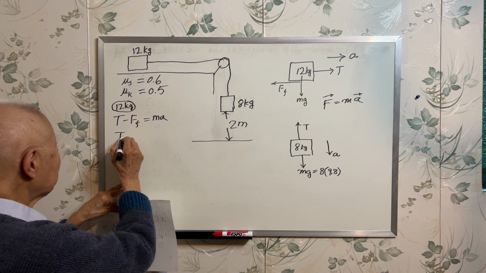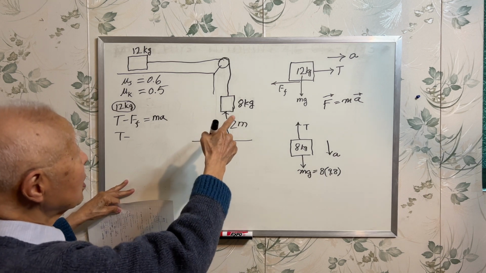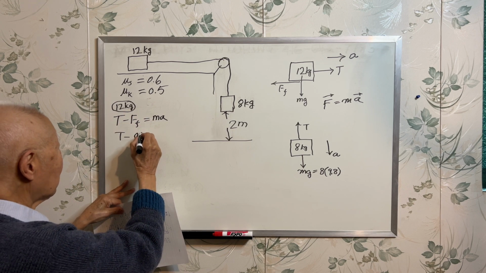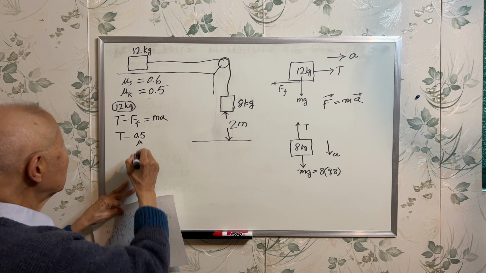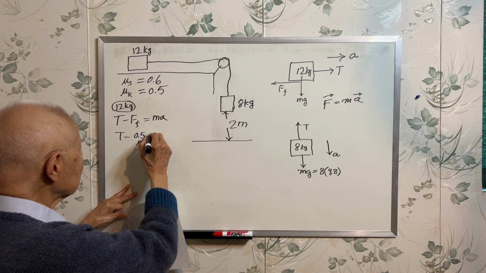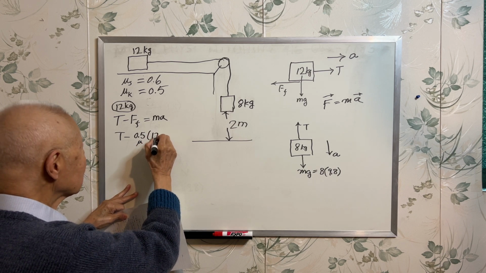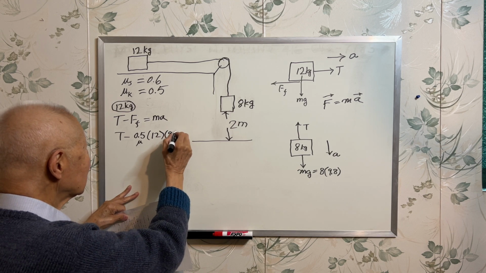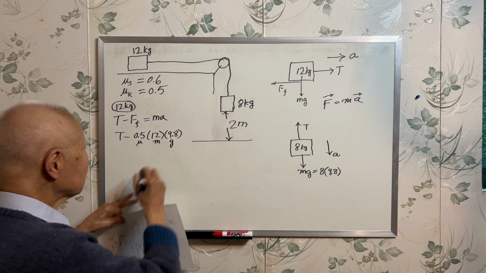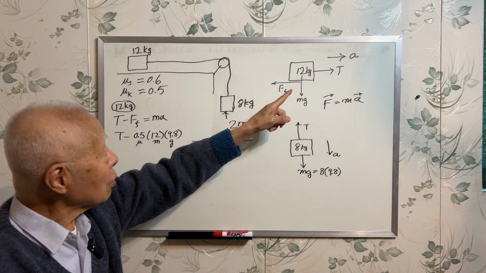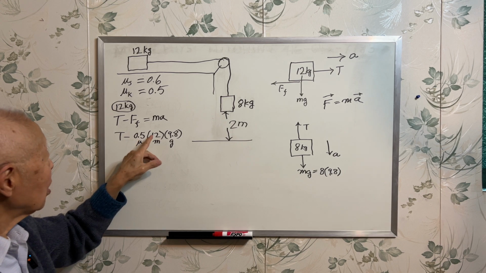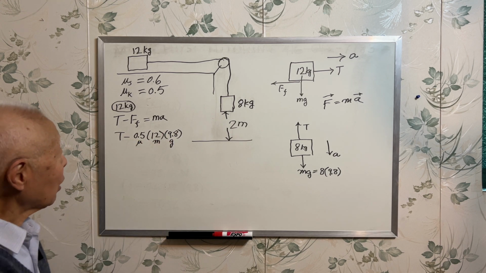So it's T minus the friction force. It's moving, right? So 0.5, that is mu, times normal force. The normal force is mg. So this is mass, this is g. So this minus friction force, coefficient of friction, force of gravity. Then what is this equal to?